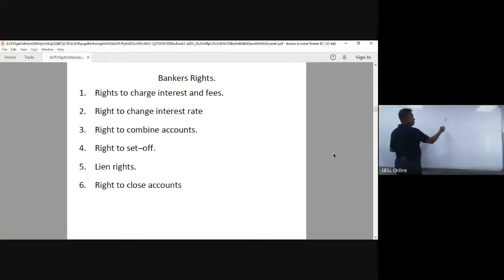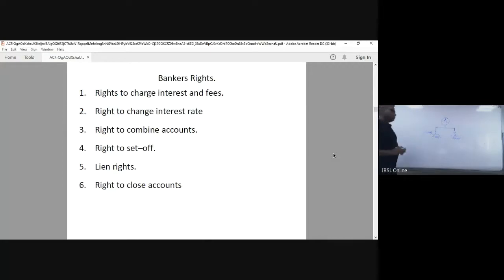We say we have a customer A. This customer is maintaining 2 accounts, 2 current accounts: account number 1 and account number 2. In account number 1, he has 1,000 rupees credit balance, and in account number 2, he has 2,000 rupees balance.